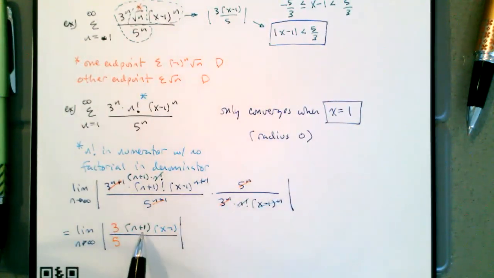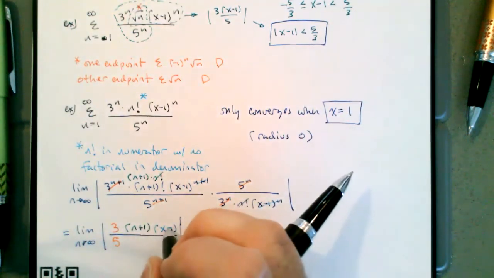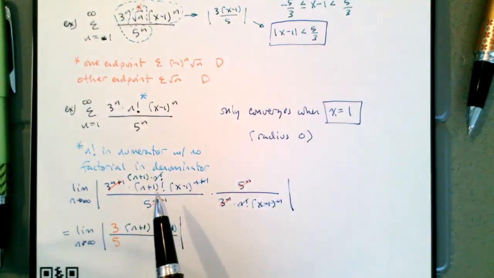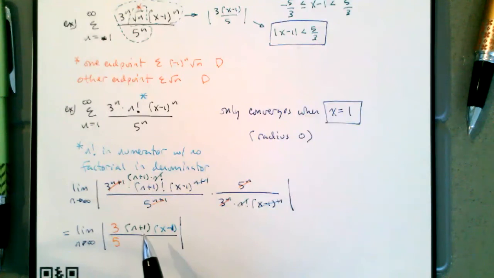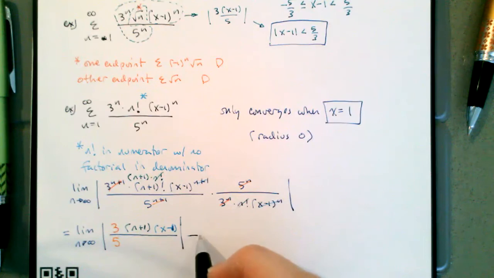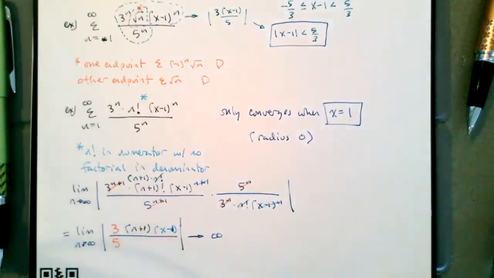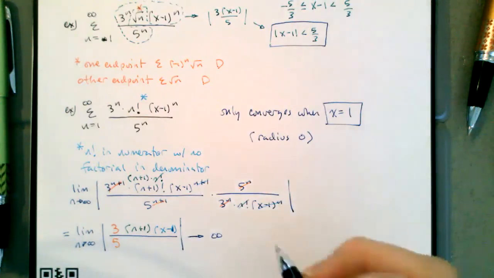So the factorials have left behind an n plus 1 in the numerator. I'm supposed to say x minus 1. And so my limit goes to infinity. Since infinity is never less than 1, we have to zero out all the terms. Infinity is never less than 1.